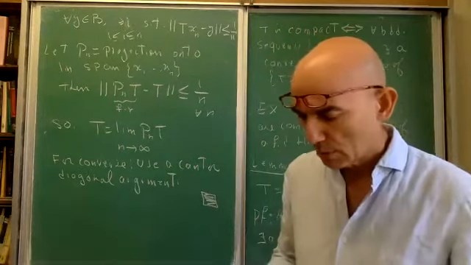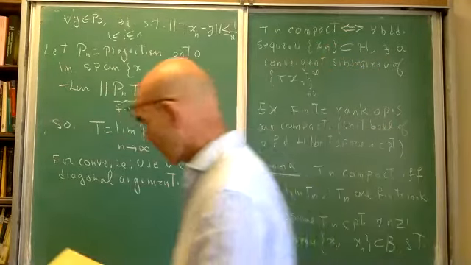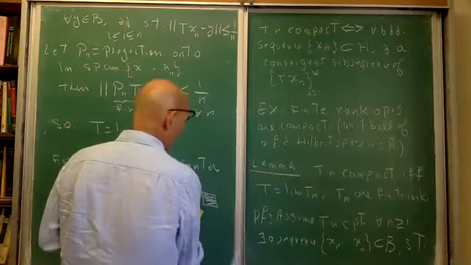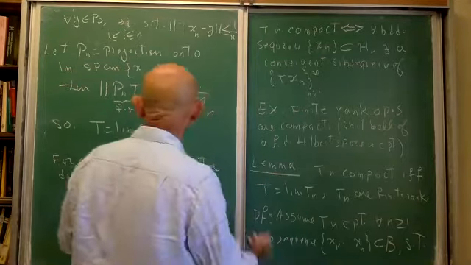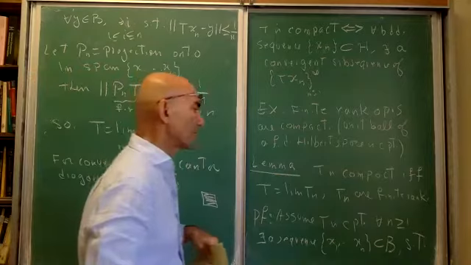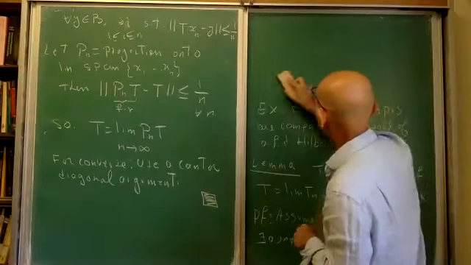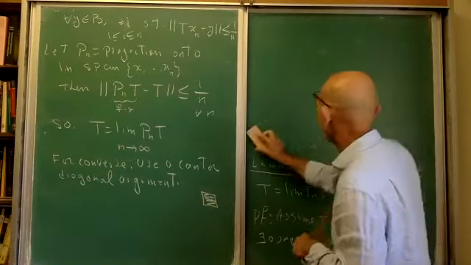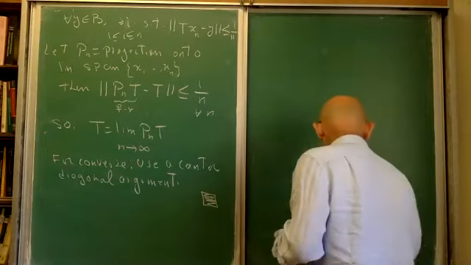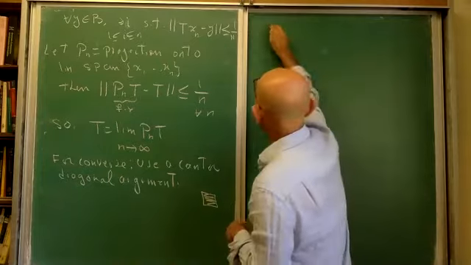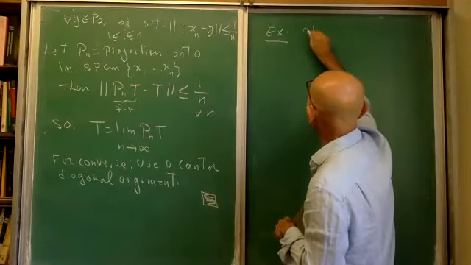Now, using this lemma, we can give examples of compact operators which are not finite rank operators. In fact, we can give the most canonical type of example, at least as far as self-adjoint operators go. So, example: let's take H to be L2.